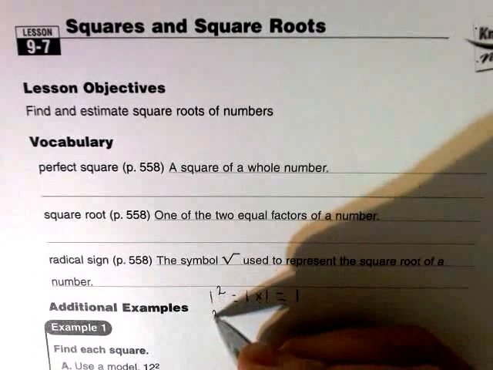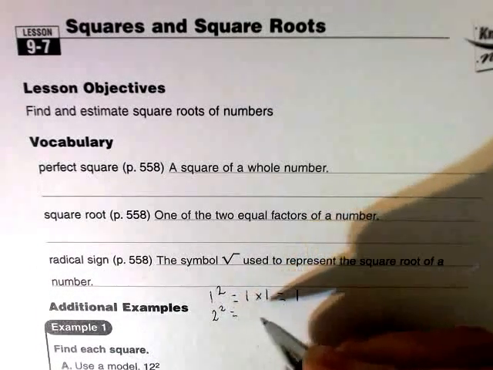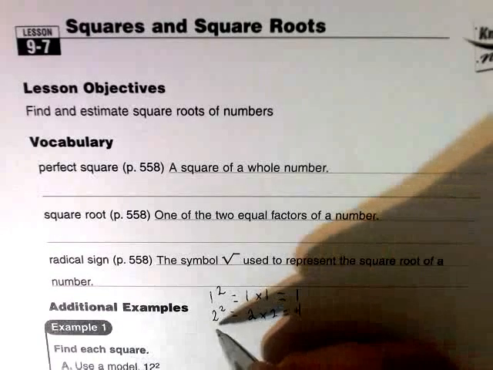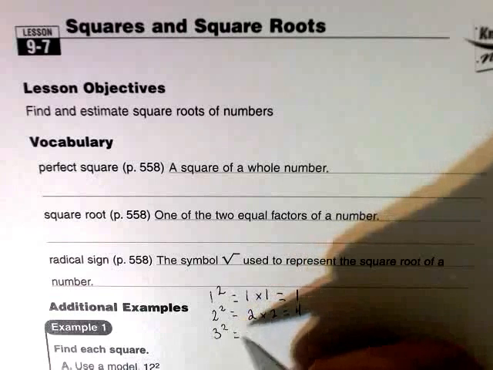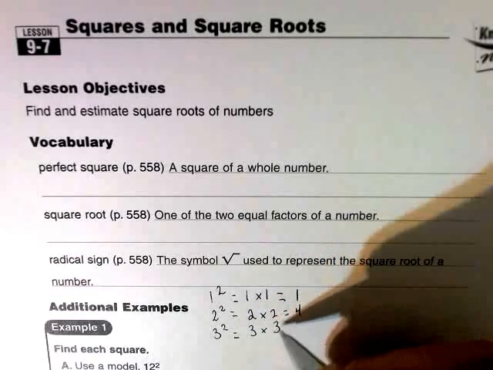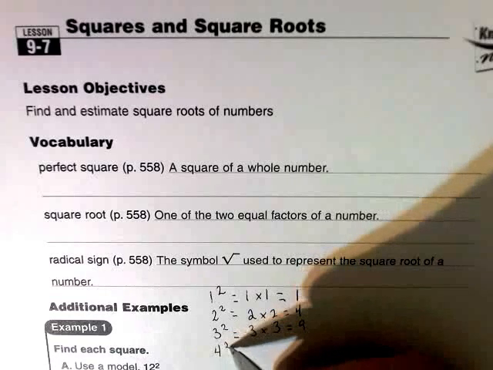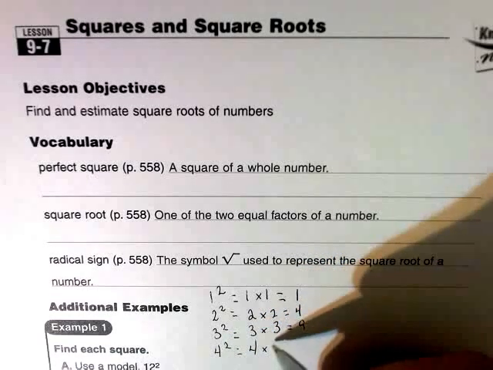So when I take 1 and square it, that's the same as 1 times 1, or 1. When I take 2 and square it, 2 times 2, that's going to give me 4. 3 squared, that's the same as 3 times 3, which is 9. 4 squared is the same as 4 times 4, which is 16.